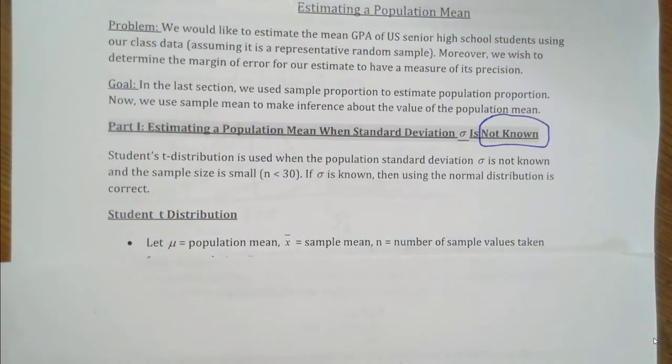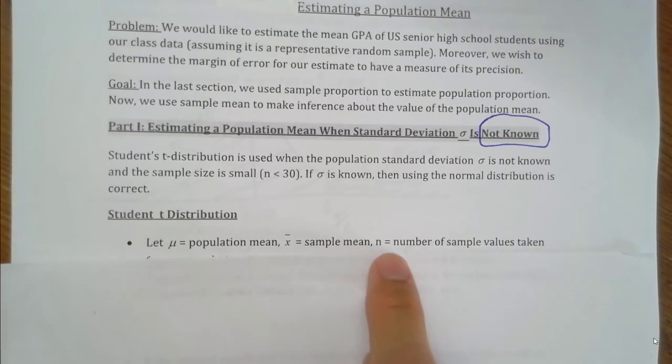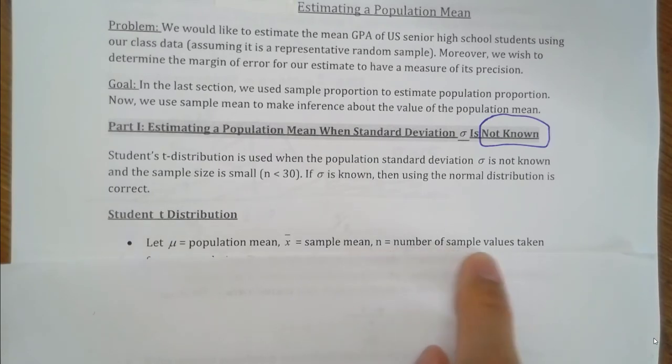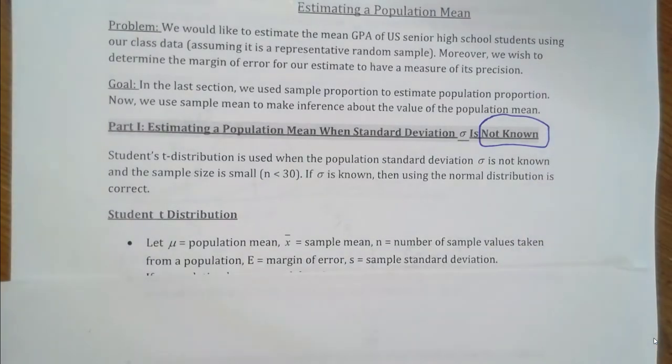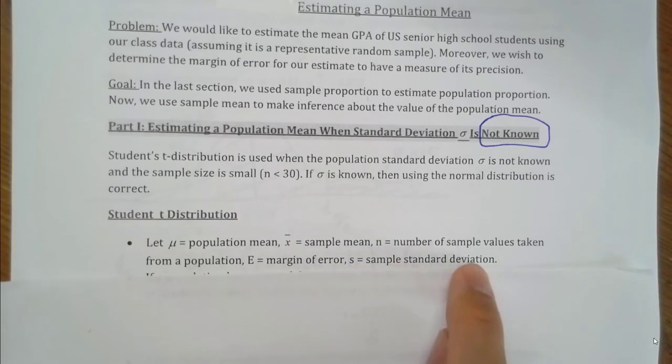Now, there's a few notations. We use the mu notation to represent the population mean, the x with the little bar to represent the sample mean, n is the number of sample values taken from a population, E is the margin of error, and the small letter s is the sample standard deviation.